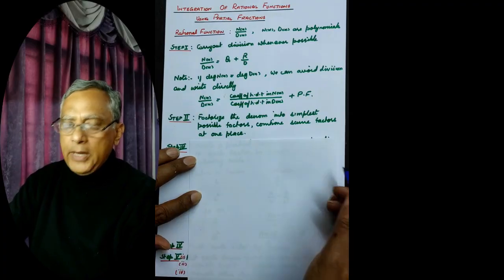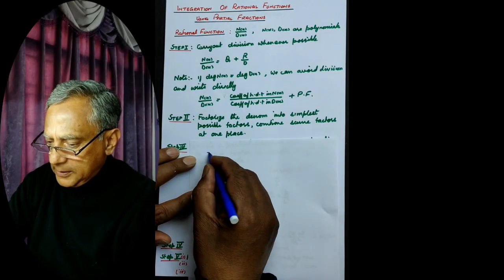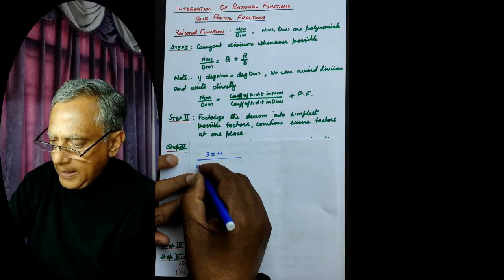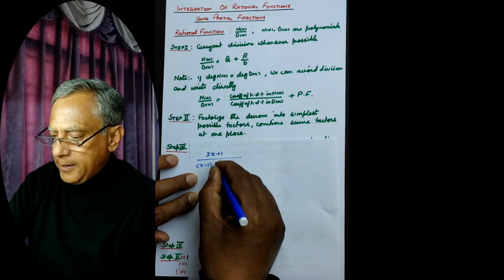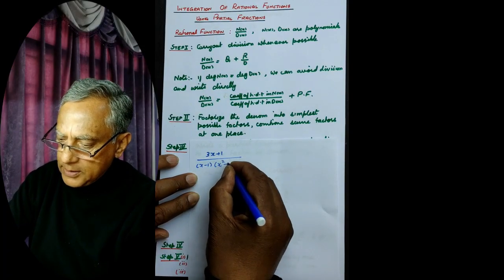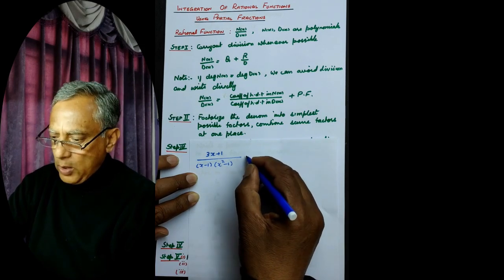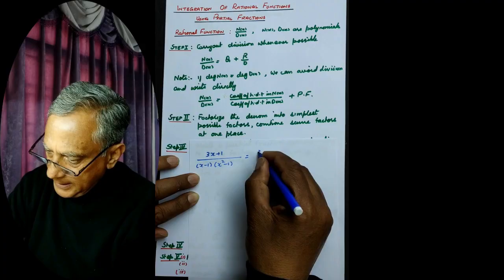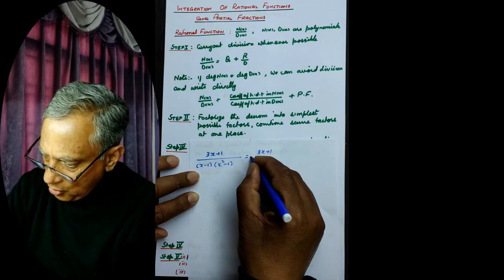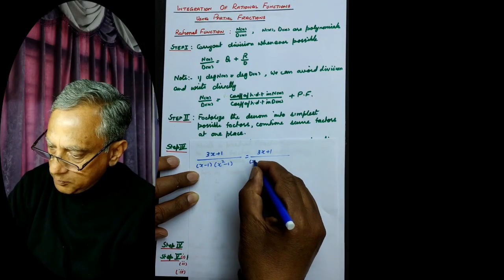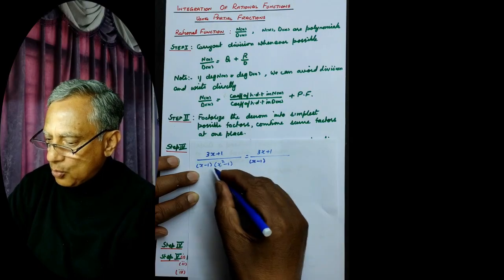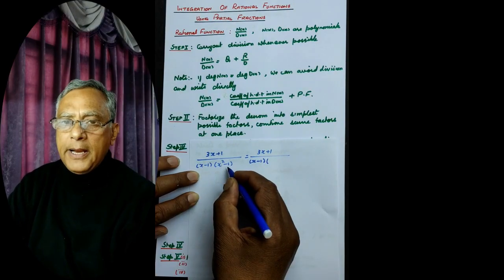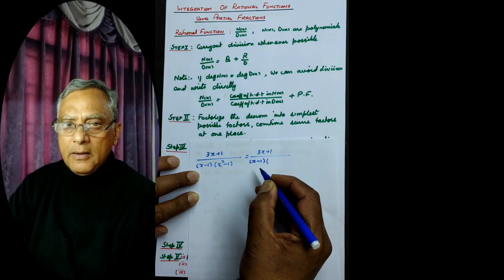Now suppose we have the rational function (3x plus 1) over (x minus 1) into (x square minus 1). Then we factorize the denominator into simplest possible factors.